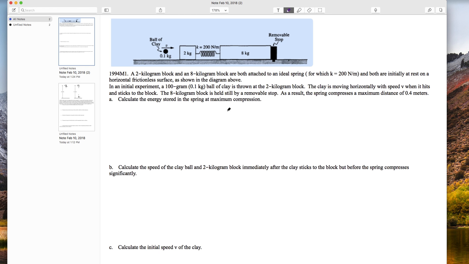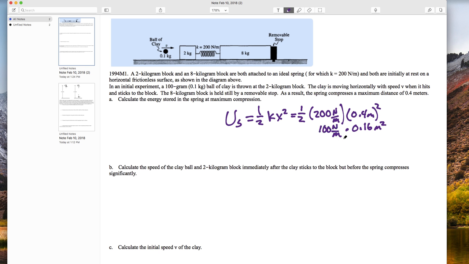And then we know that the energy in a spring is 1/2 kx squared, which means that it is 1/2 times 200 newtons per meter times 0.4 meters squared, which yields 0.16 meters squared times 100 newtons per meter, and we are left with 16 newton meters, which equals 16 joules, which is the energy stored in the spring.